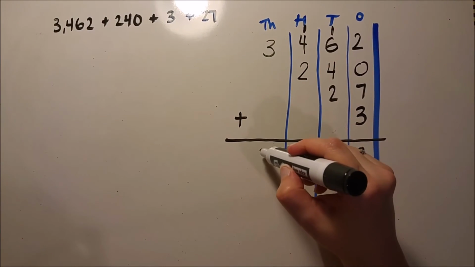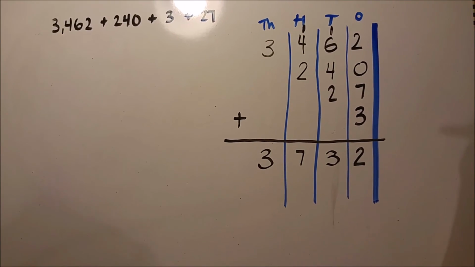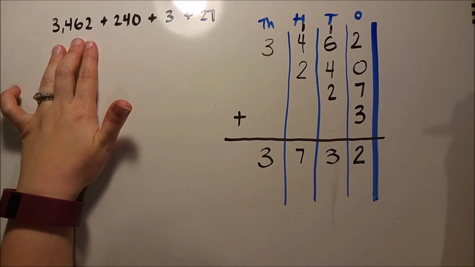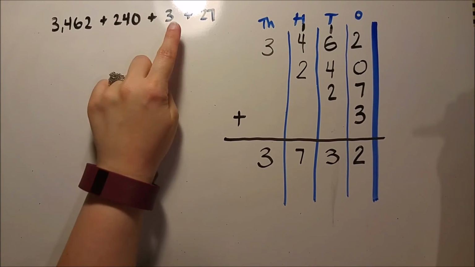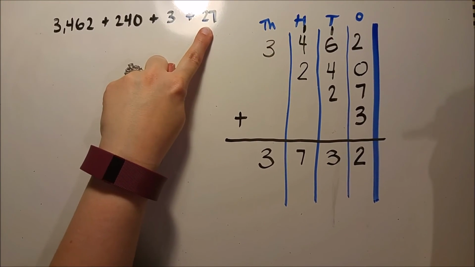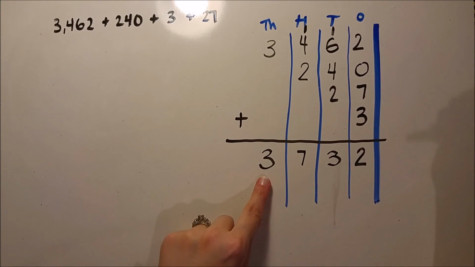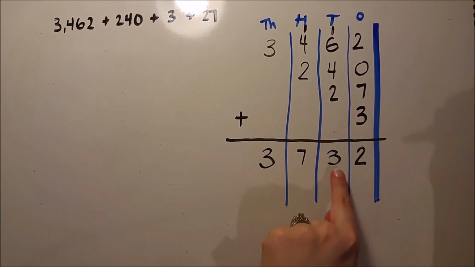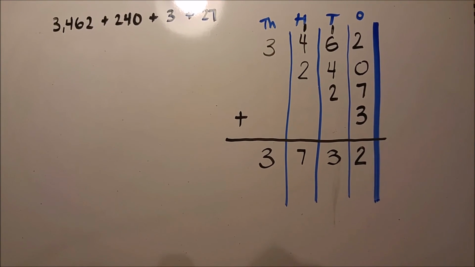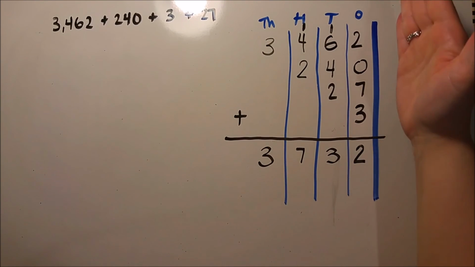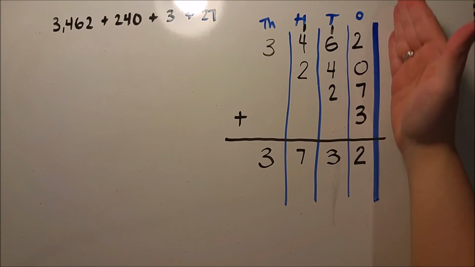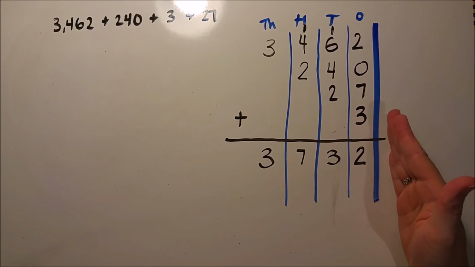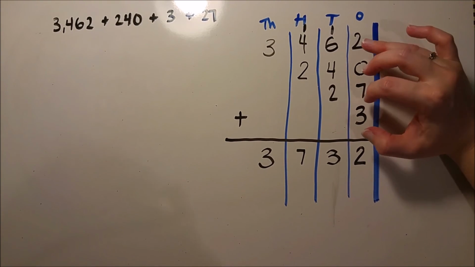Just the 3 of them. So 3,462 plus 240 plus 3 plus 27 equals 3,732.